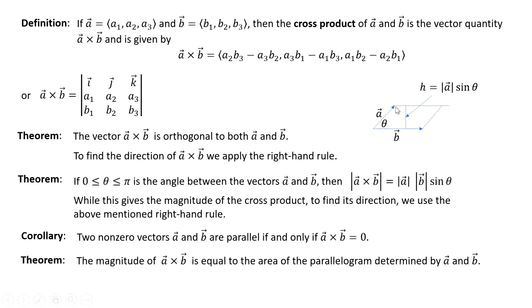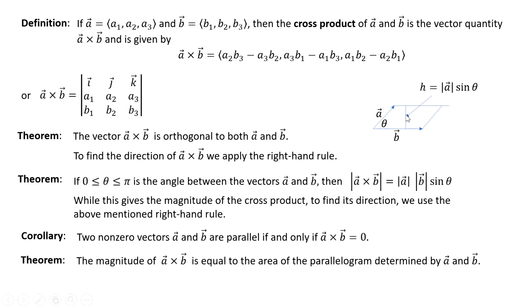Sine theta is h over the magnitude of A. Therefore, multiplying both sides by the magnitude of A, h equals the magnitude of A times sine theta.